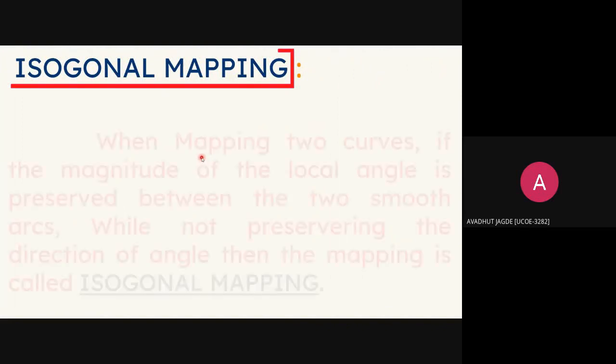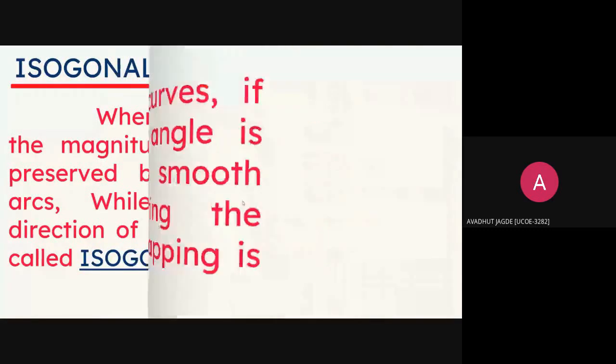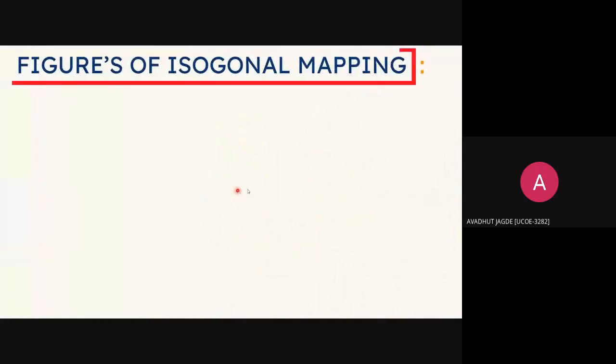Now understand the term isogonal mapping. A mapping that preserves the magnitude of the angle between two smooth arcs, but not the direction, is called an isogonal mapping. Let's understand the isogonal mapping through two diagrams.